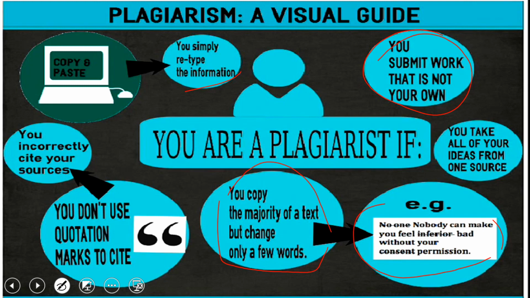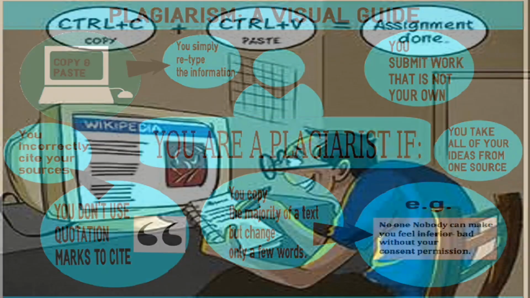You have changed a few words, and that is a kind of plagiarism. Another case is when you don't use quotation marks where you have taken an exact phrase, exact content, or exact definition. If you have taken it, you have to put it in quotation marks. If you are not using quotations, you are doing plagiarism.